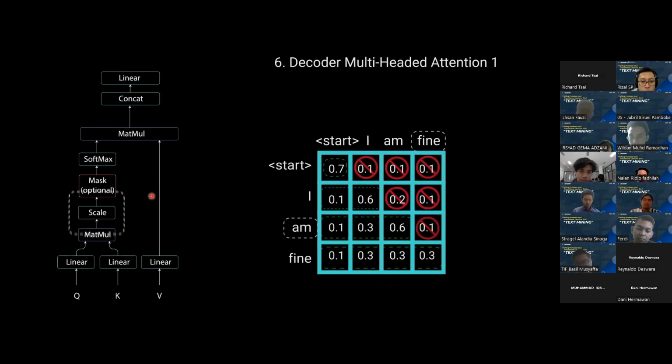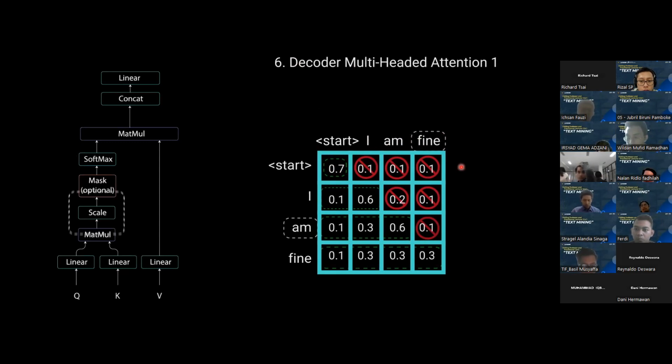And then we must explain the key distinction between the decoder's and the encoder's multi-headed attention: the decoder's MHA doesn't consider tokens that come after the current token. So in this image, you can observe that for the token start, the tokens following it have been crossed out.